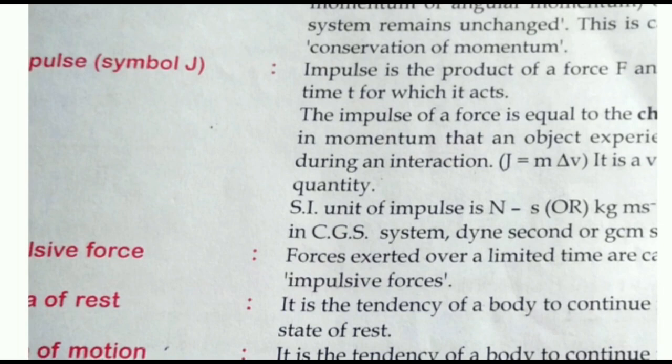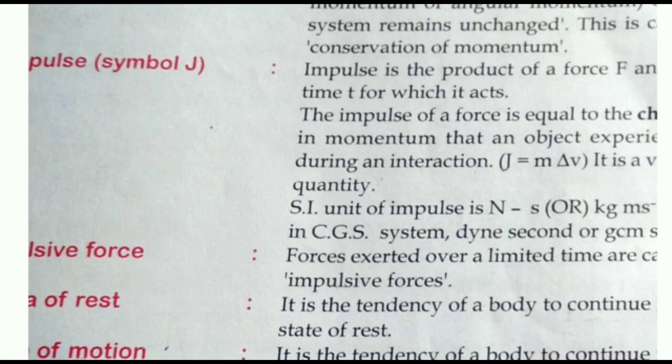As we expressed the second law, F net is equal to delta P by delta T. In order to minimize net force, you have to maximize the stopping time.